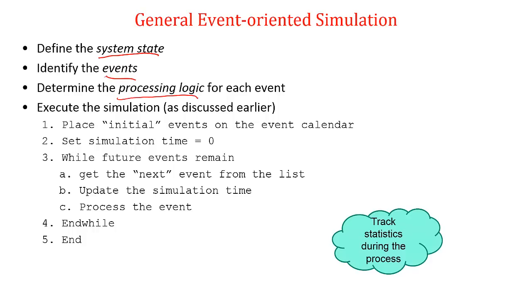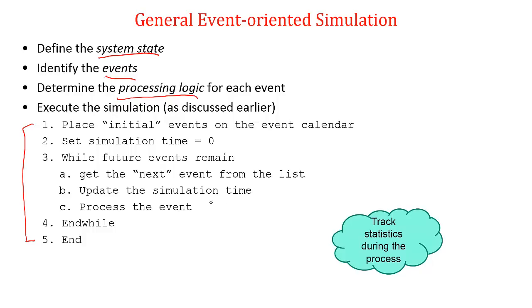Once we have that, then the process basically follows like so. You place an initial event on the event calendar so that we can prime the simulation or get things going. We set the simulation time to 0. While we still have future events, in other words, we look forward on the future event list or the event calendar, and while we still have events, we get the next one, next being chronologically, so the one that's going to happen the soonest relative to the current simulation time.